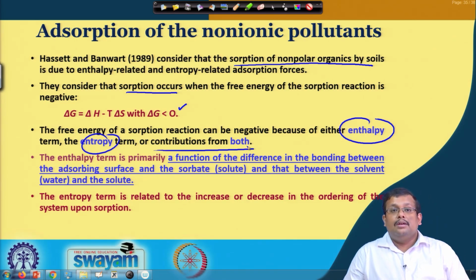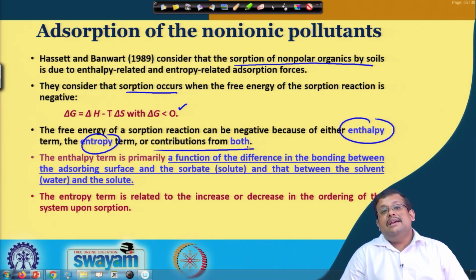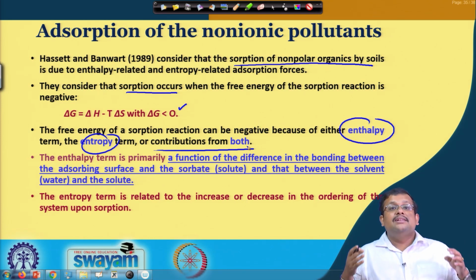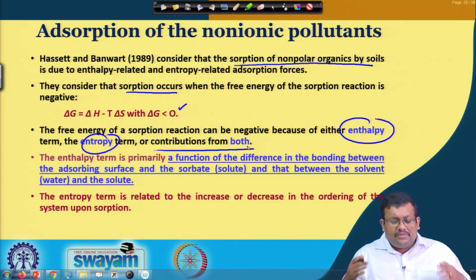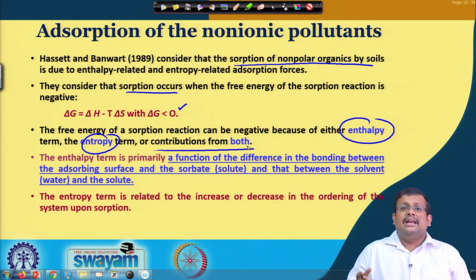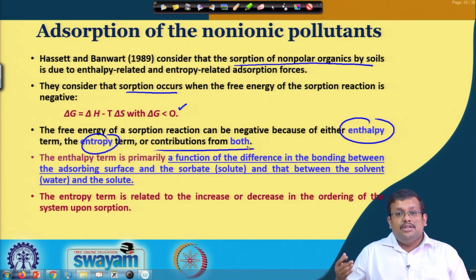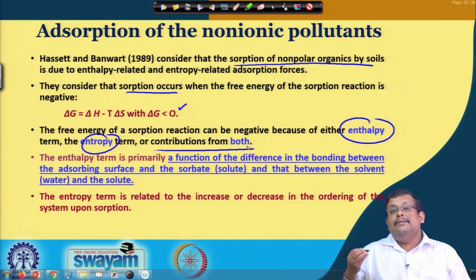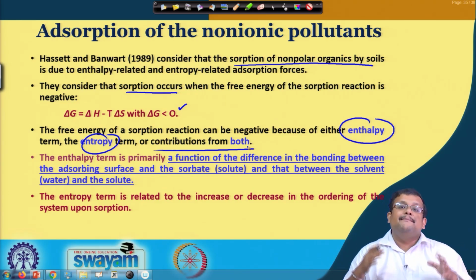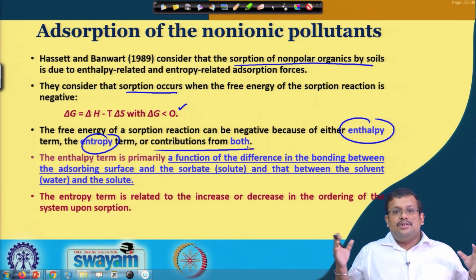Now, the enthalpy term is primarily a function of the difference in the bonding between the adsorbing surface and the sorbate, or in other words the solute, and that between the solvent and the solute. The entropy term, on the other hand, is related to the increase or decrease in the ordering of the system upon sorption. These are the two terms which play the major role in controlling the adsorption of non-ionic pollutants.